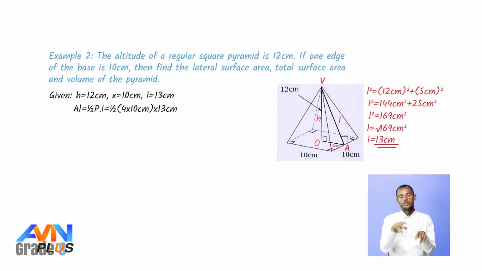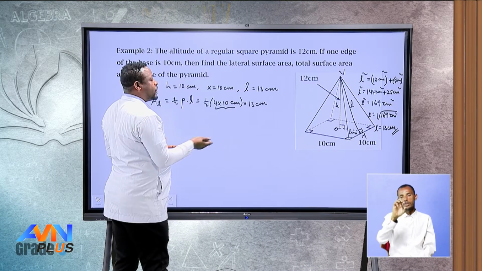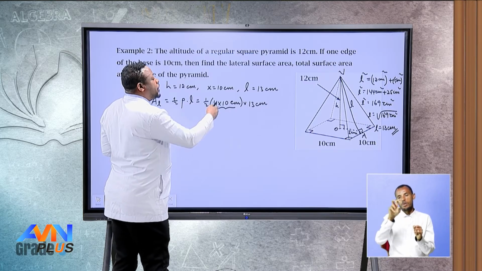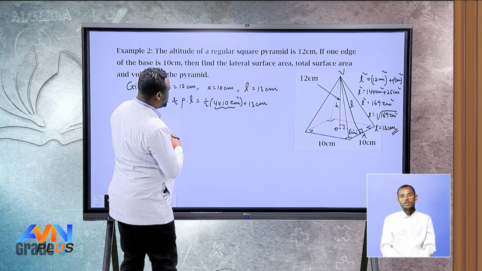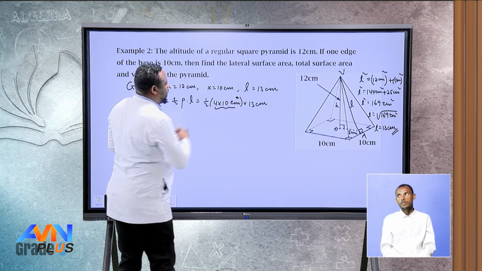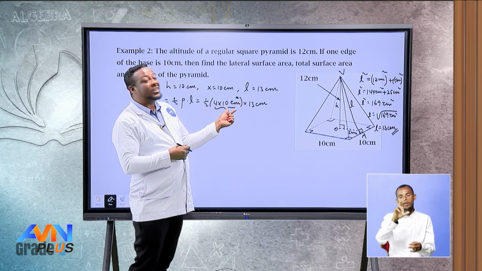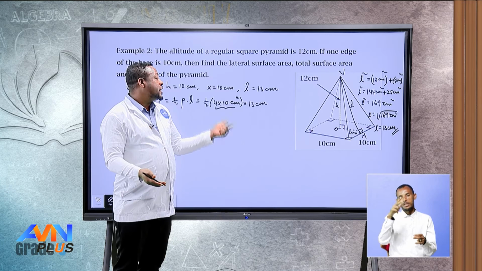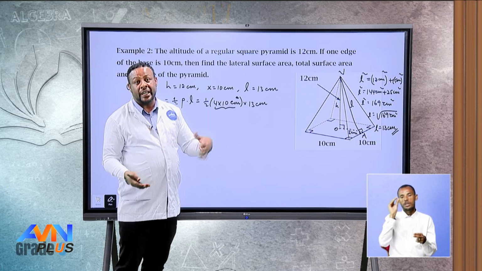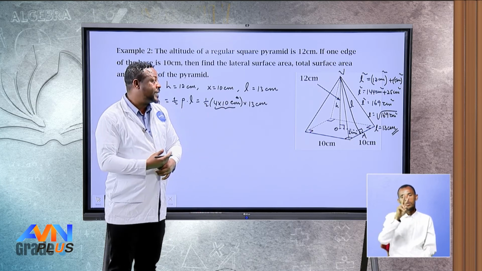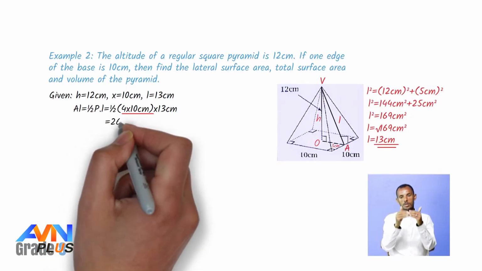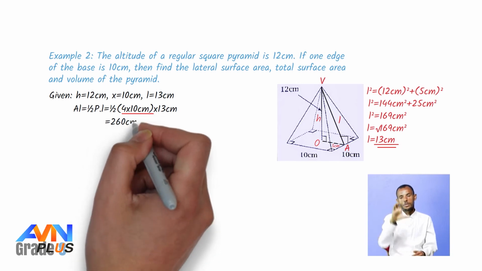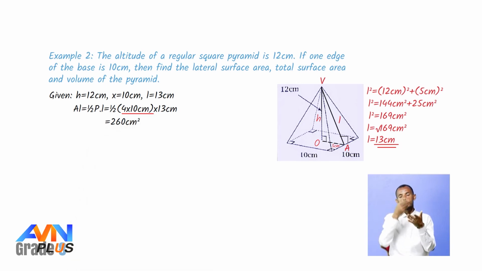So this is 40 centimeter. Half of 40 is 20. Multiply 20 centimeter by 13 centimeter. The product of 20 and 13 is 260. So the whole unit becomes 260 centimeter square. This is the lateral surface area of the given pyramid.